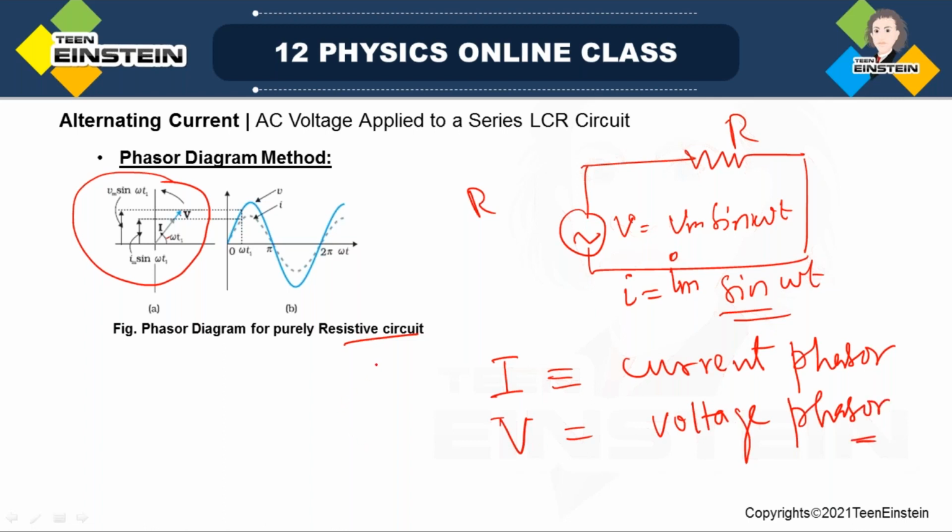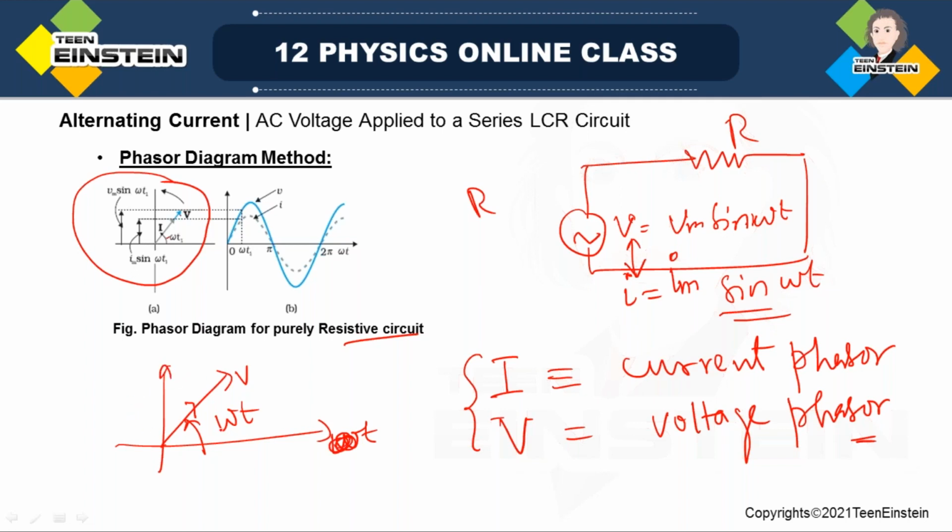Okay, so we have already learned that these two, current and voltage, both have the same phase. So in the Phasor diagram you look, we have drawn the voltage and current phasors on the same line, and this is the omega t axis.